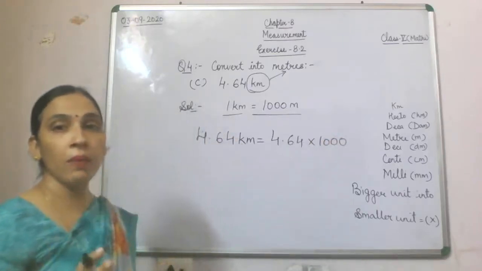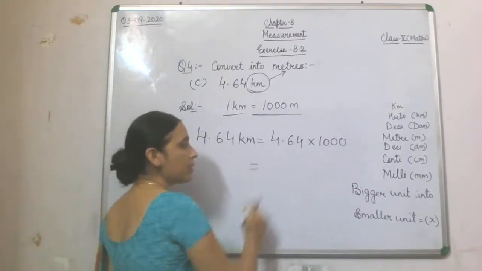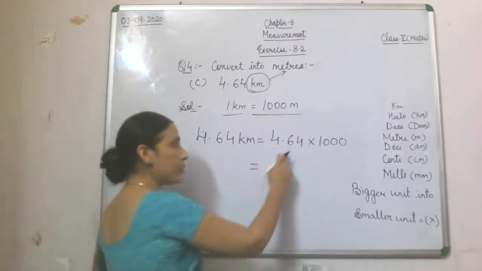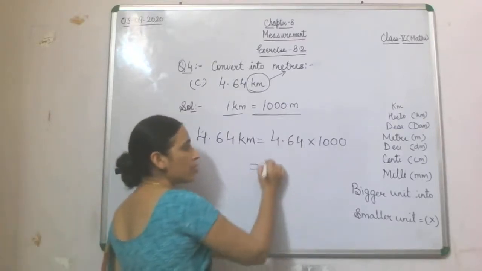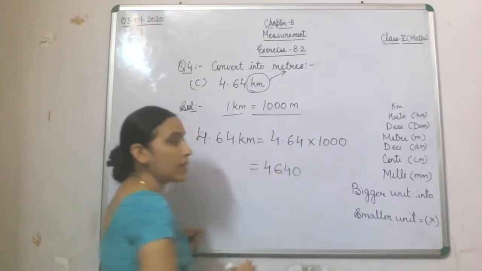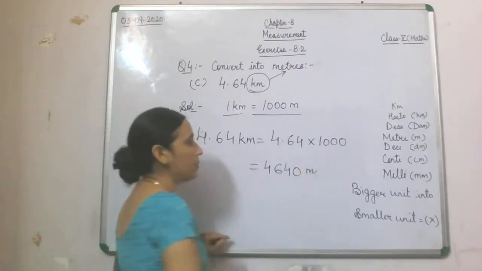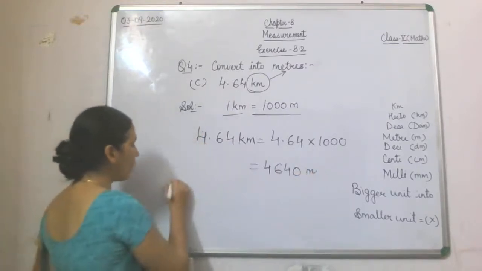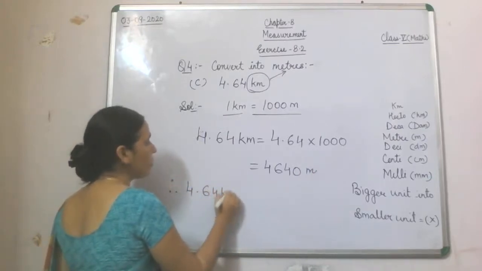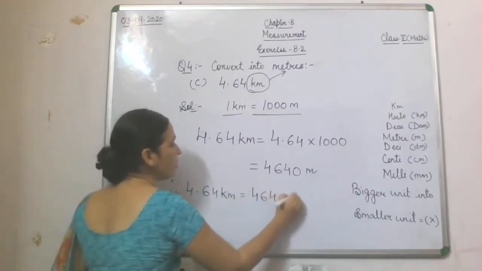Now how many places do we require here? We require 3 places, but here in the question we have only 2 places. So we write 464 and the third place will be taken by 0. And what is the unit here? Meter. Now how will we write the answer? 4.64 kilometer is equal to 4640 meter.